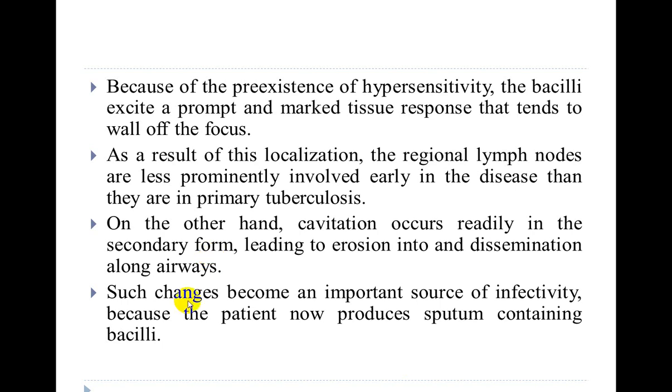Therefore it is a source of infectivity, because the caseous necrosis being coughed up contains viable bacteria. Hence it is a source of infection. That is why we said infection with tuberculosis comes from contact with the belongings of the infected individual, particularly when the infected patient coughs up the caseous necrosis, because the patient now produces sputum containing bacilli.